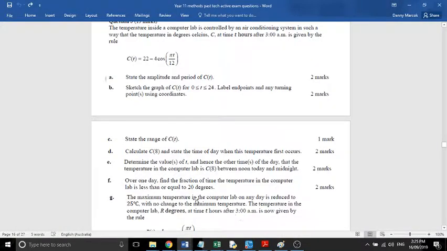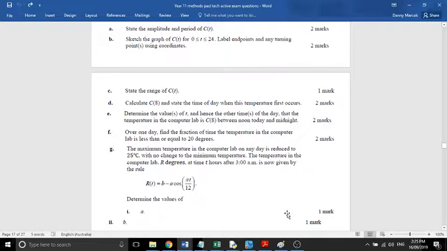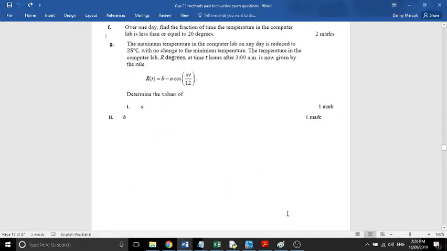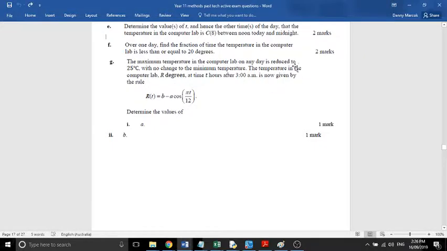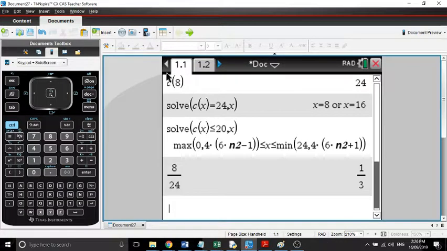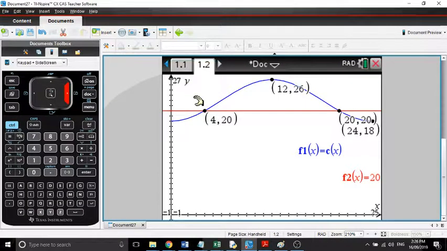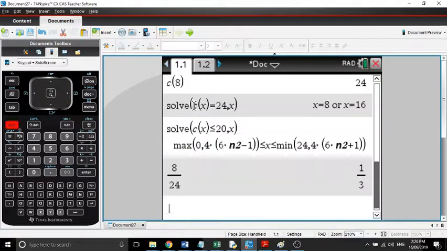The maximum temperature in the computer lab on any day is reduced to 25 degrees, with no change in the minimum temperature. The temperature is now given in terms of T by this new rule. We had a maximum of 26, so if we bring it down by 1, the whole thing comes down.